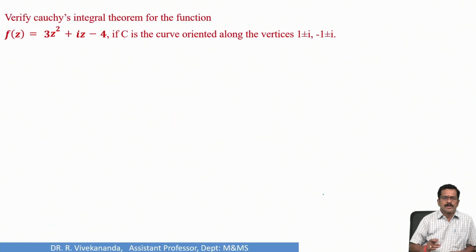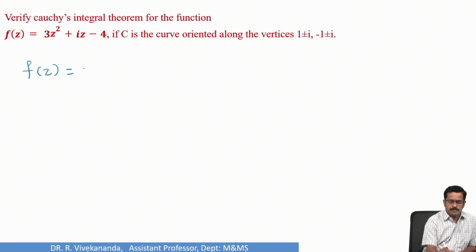Verify Cauchy's integral theorem for the function 3z square plus iz minus 4, where C is the curve oriented along the vertices 1 plus or minus i, minus 1 plus or minus i. So here f of z equals 3z square plus iz minus 4.